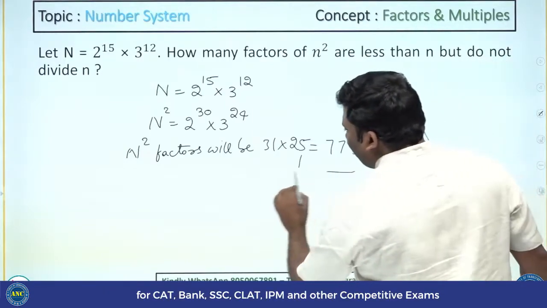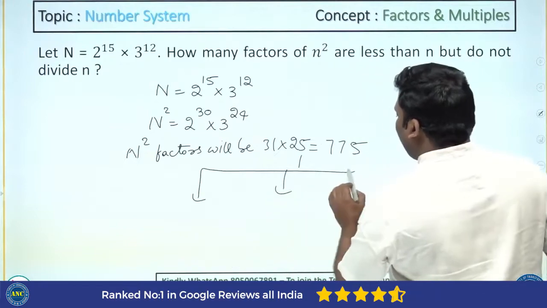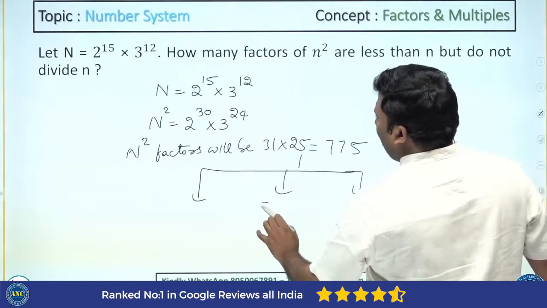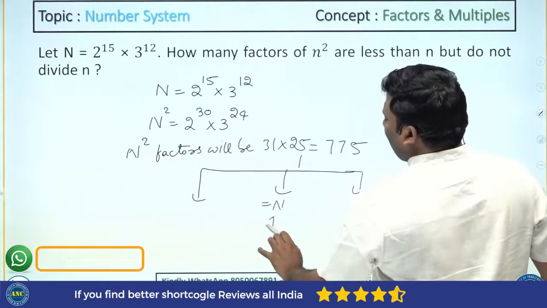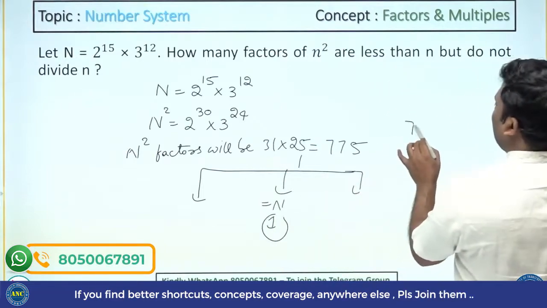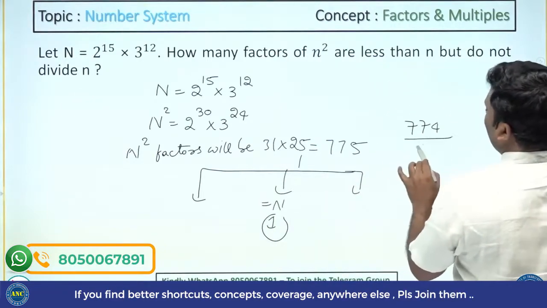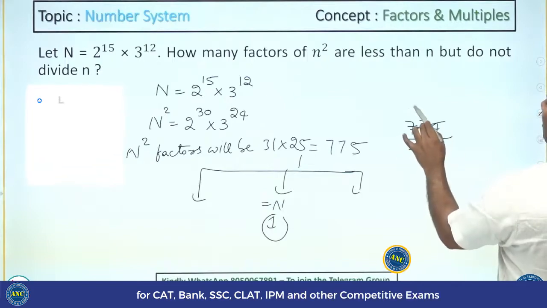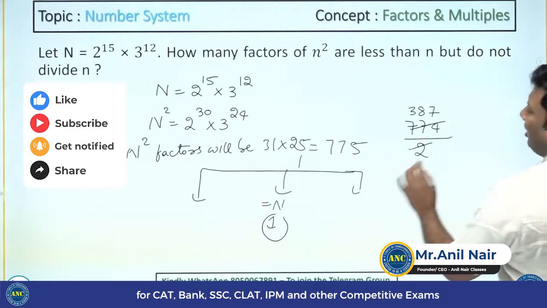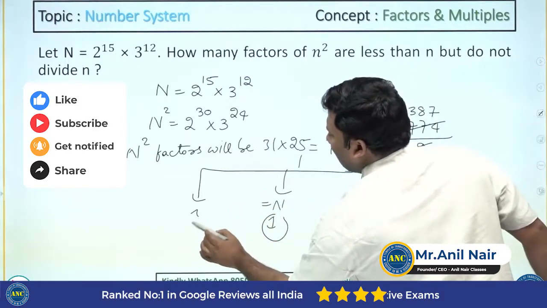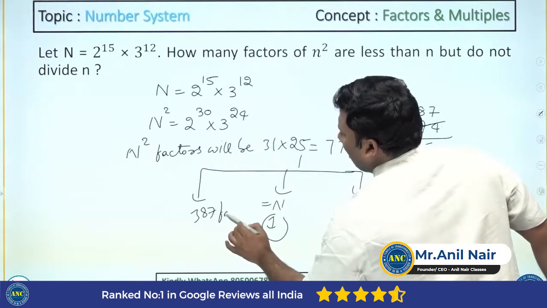In that 775, one factor will be equivalent to n. Remaining 774, split into less than n and greater than n. So 387 factors are less than n.